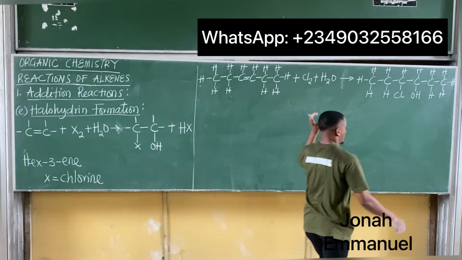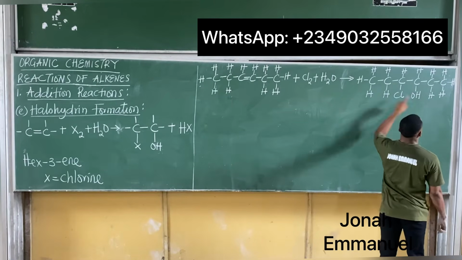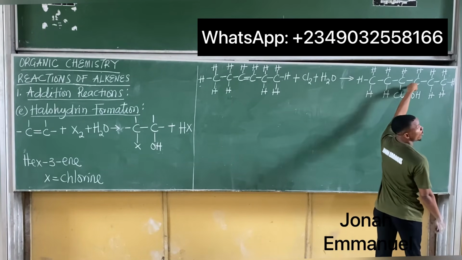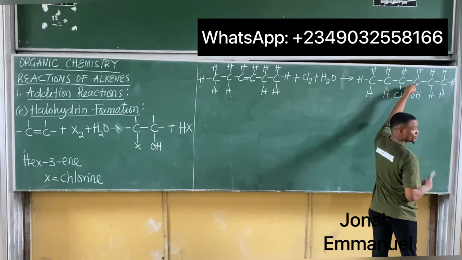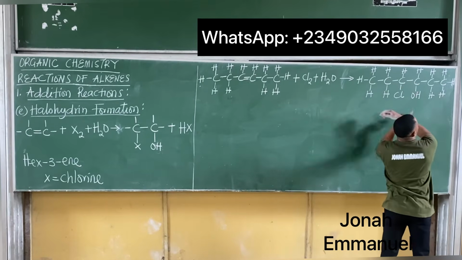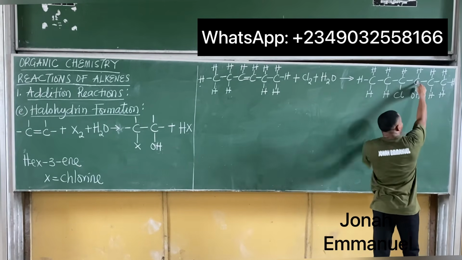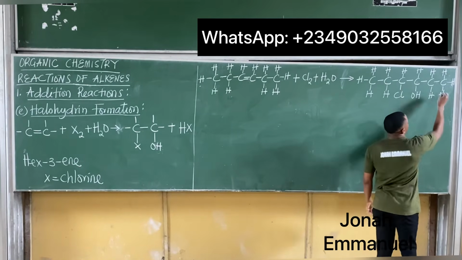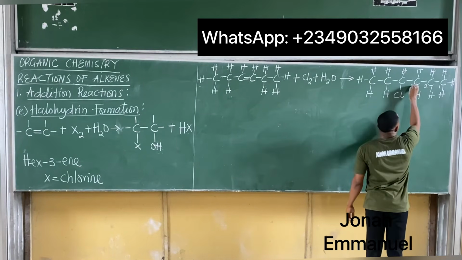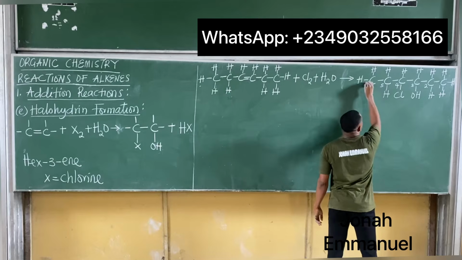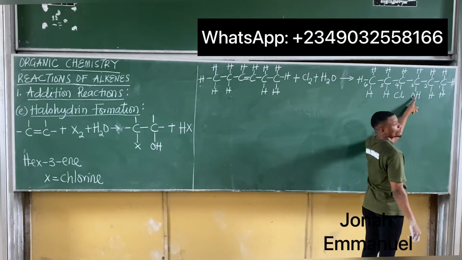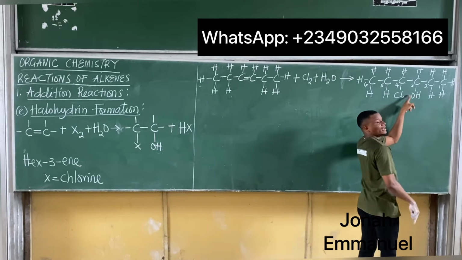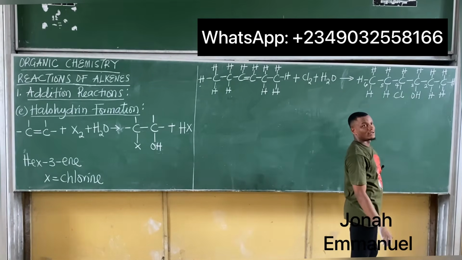If I name this left to right, I'm having 1, 2, 3, 4, carbon 4 bears OH. Name it right to left, 1, 2, 3, carbon 3 bears OH. That's the smallest one, so my numbering becomes 1, 2, 3, 4, 5, 6. So I'm taking the OH over the chlorine. That's the idea. So name this.